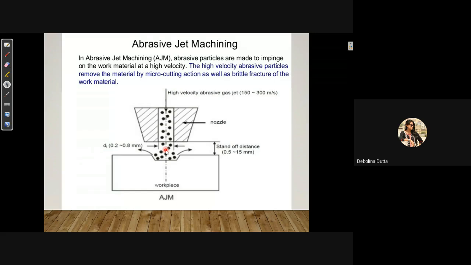Okay, so a high velocity stream of grit abrasive is entrained in the high velocity gas stream, meaning it is not only abrasive, it is mixed with a gas. And abrasive jet machining can be used to cut hard and brittle materials. It is written over here as brittle fracture of the work material.